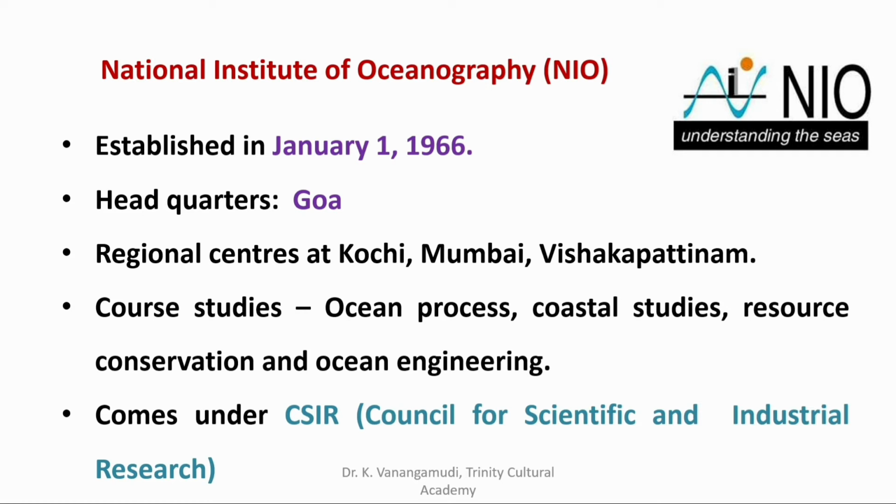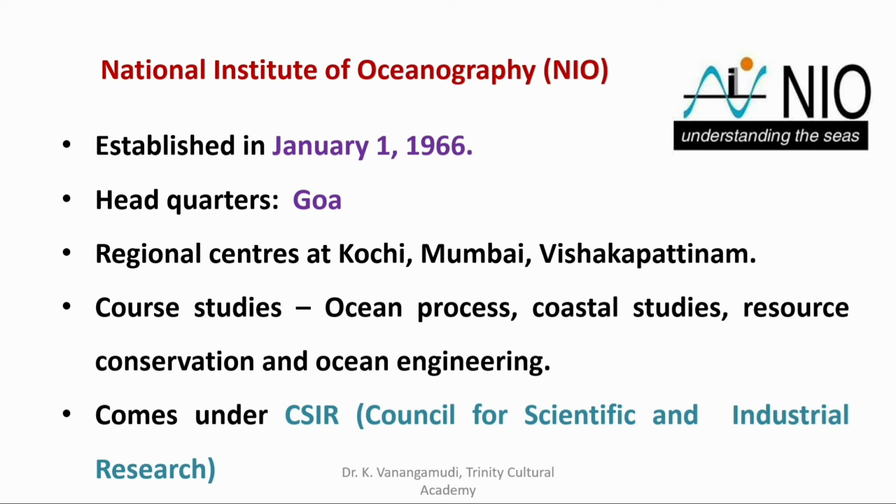Now let me give some information on the National Institute of Oceanography, NIO, which was established on January 1st, 1966. Goa is the headquarters, with 3 regional offices at Kochi, Mumbai and Visakhapatnam. The studies undertaken are ocean process, coastal studies, resource conservation and ocean engineering.